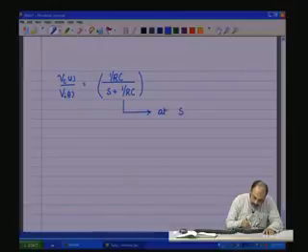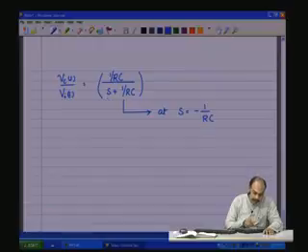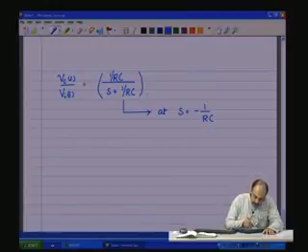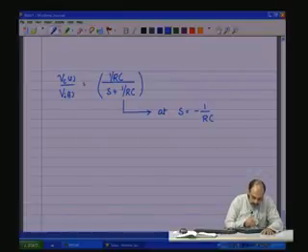At S equal to minus 1 by R C. If you substitute here, this will go to infinity. So, the gain goes to infinity, and that is a pole, because the roots of the denominator terms will be poles, and the roots of the numerator terms will be zeros. There is no S term in the numerator, so no zeros here for this circuit.